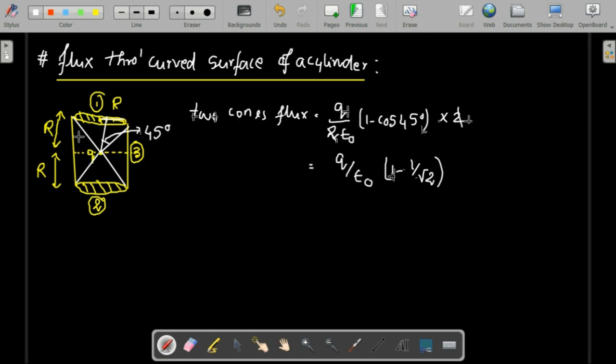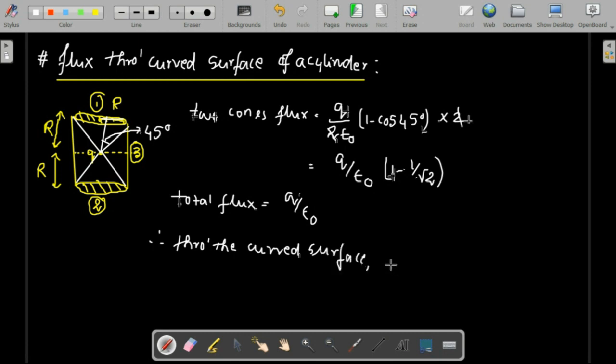But I need the flux coming out of the surface. So we know that the total flux is nothing but q by epsilon naught as per Gauss's law. So therefore, through the curved surface, that's my question, I have to find out the flux.